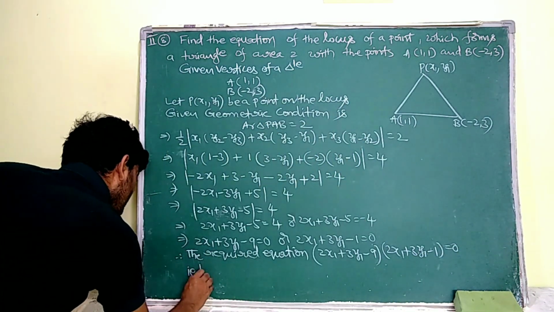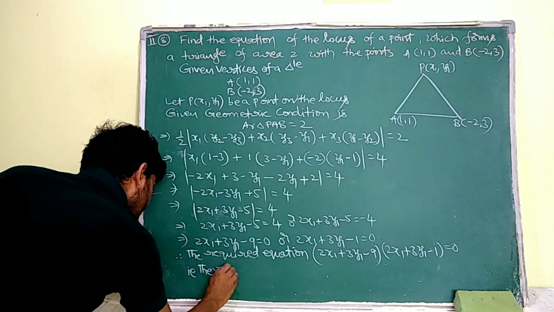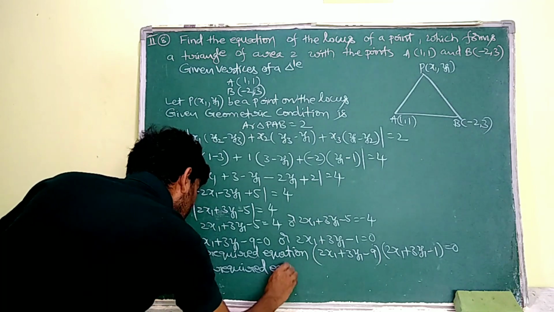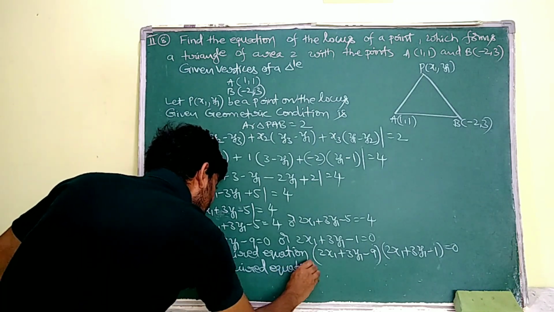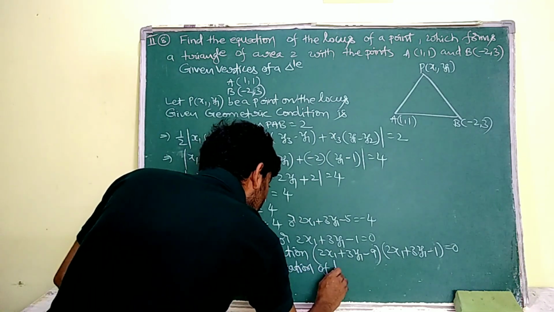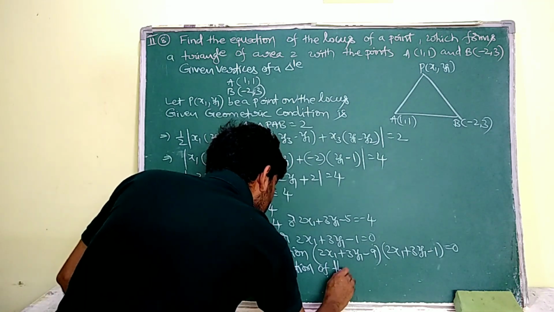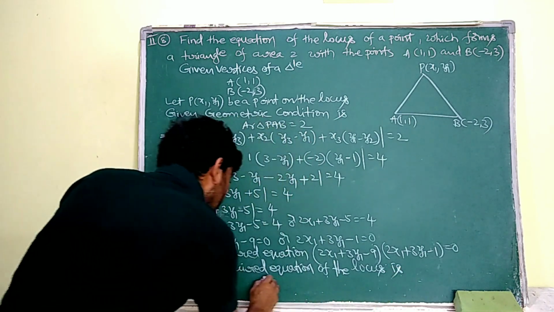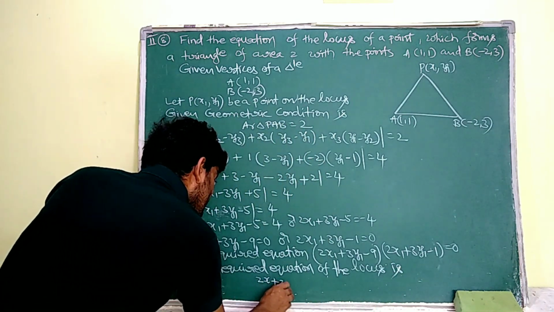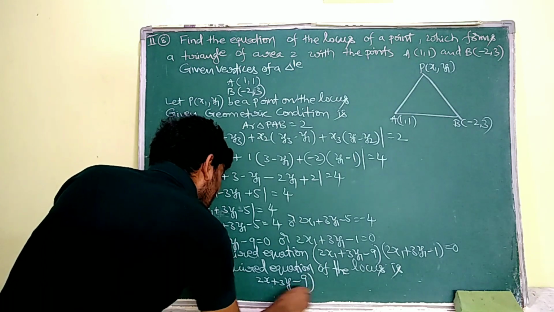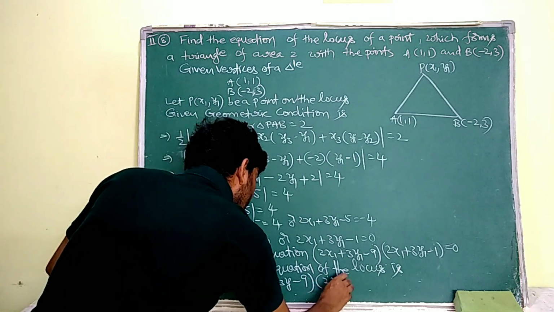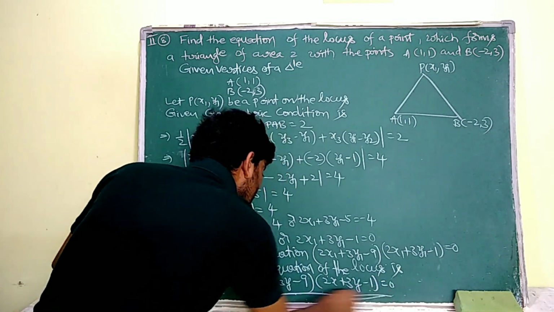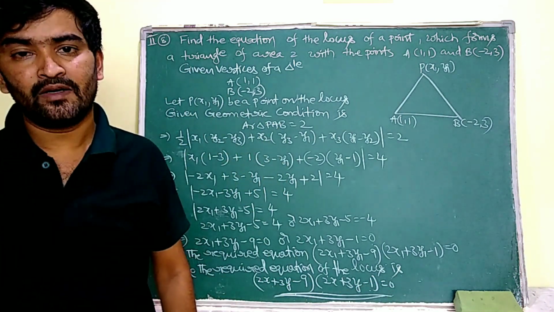That is the required equation of the locus: (2x plus 3y minus 9) into (2x plus 3y minus 1) is equal to 0. This is our required equation of the locus.